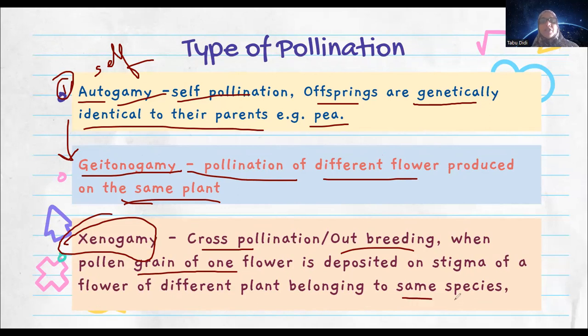The species of plant can be same or can differ, but definitely the plants will be different. Both the plants will be completely different. Okay, so pollen grain from one flower is deposited on the stigma of a flower of a different plant. They may belong to the same species.